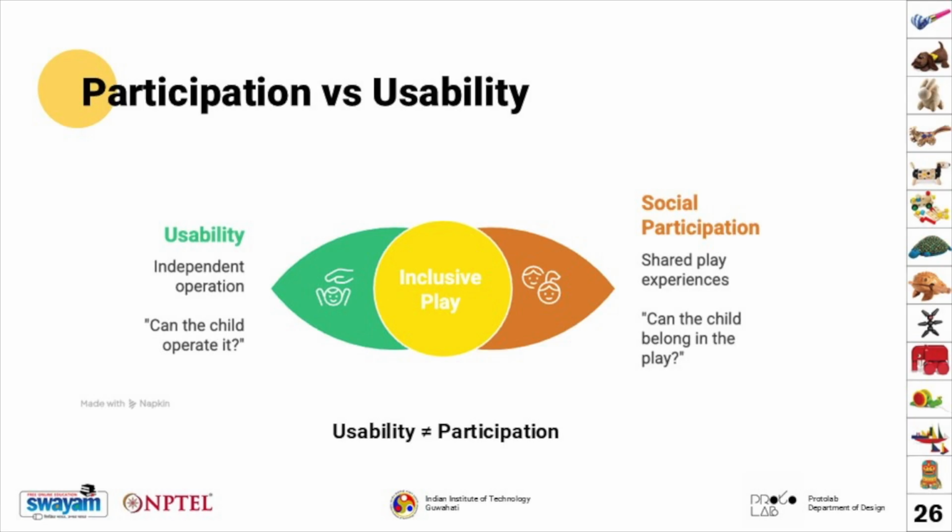For example, a collaborative building set where children contribute differently. One sorts pieces, one assembles, and one narrates. Enables participation even with unequal abilities. A toy that requires identical performance from everyone may be usable but can still exclude.